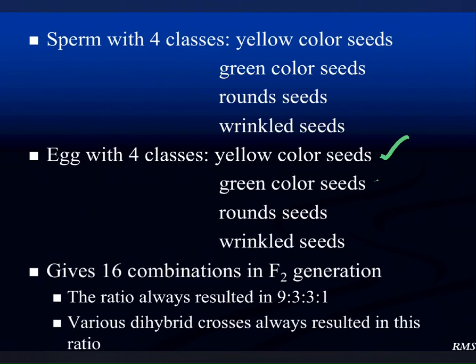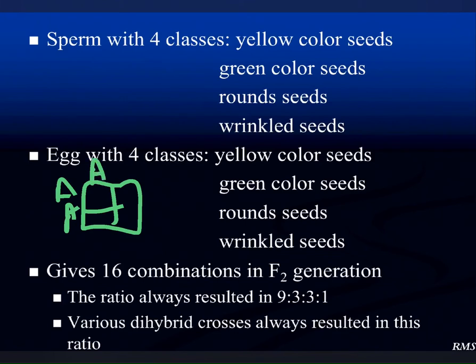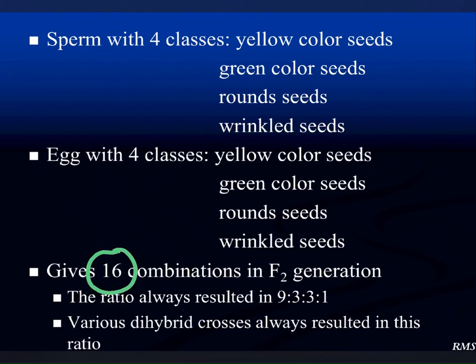It could make yellow seeds, green seeds, round seeds, or wrinkled seeds. Now, remember, looking at one characteristic, you can do a cross like this. But if you're looking at two characteristics together, then it's much more complicated. There's actually 16 different possible combinations that could result in this. So let's look at an example.